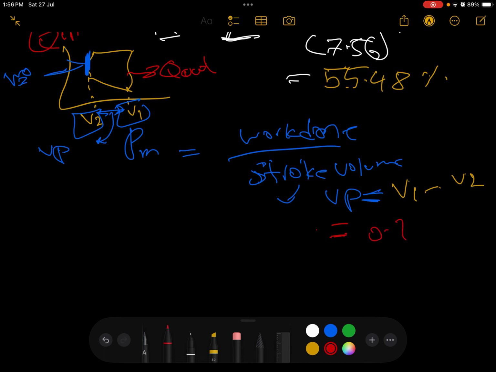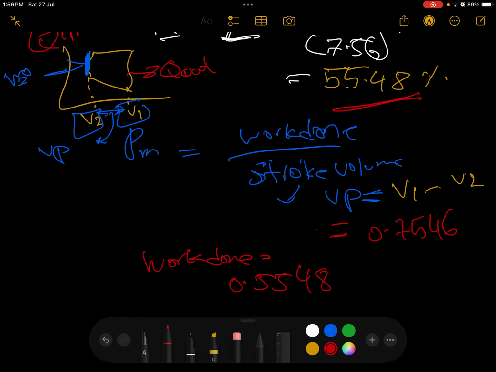It's 0.7546. Okay? And the work done equals the cycle efficiency, which is 0.5548 if you take the percentage, multiplied by the heat supplied, which is 374.30. That's the heat supplied.